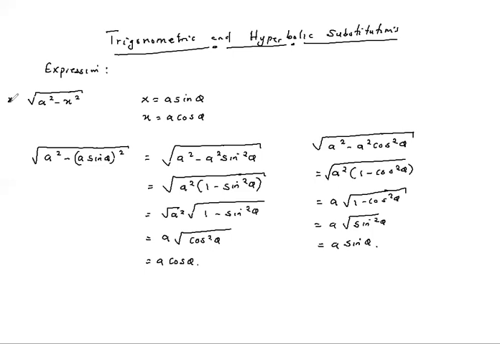Then the second one from the table is if you have a squared plus x squared. I'm still dealing with the trig substitutions; I haven't gone to hyperbolic. So here you bring x equal to a tan theta, so that you have a squared plus a squared tan squared theta.